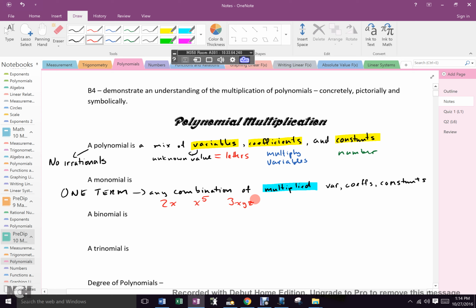Do you understand me? It is not the number of letters. It is the fact that they are connected by multiplying that keeps them as a term. Everybody cool? So now, is x over 3 a term, a monomial? Yes, because that is 1/3 x.